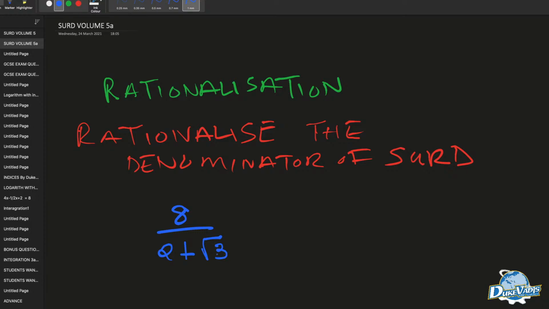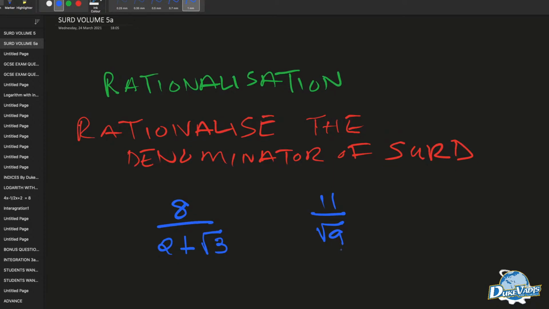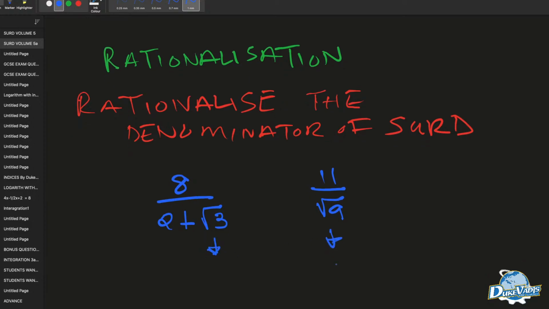and if I have 11 over surd of 9, if I look at both of them, you see here surd of 3 and surd of 9 are irrational. In the same way, surd of 9 is also irrational.